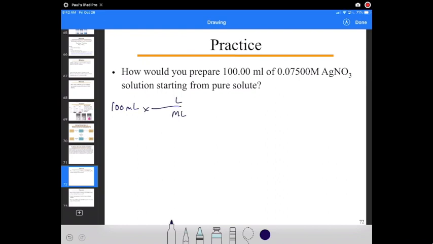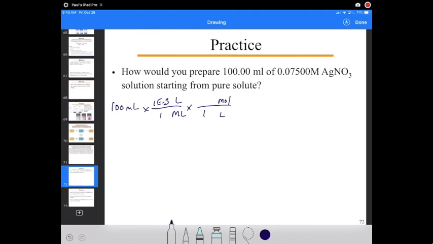Man, we've been doing that a lot, right? We said this was 1 and this is 1 e to the minus 3. Now we're at liters of solution, and by using the molarity, I can find out how many what? What can I find out using molarity? How many moles I have, or how many moles I need.